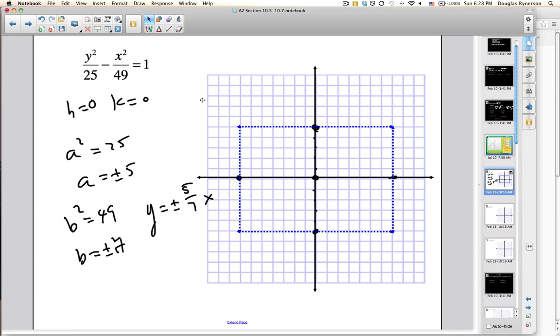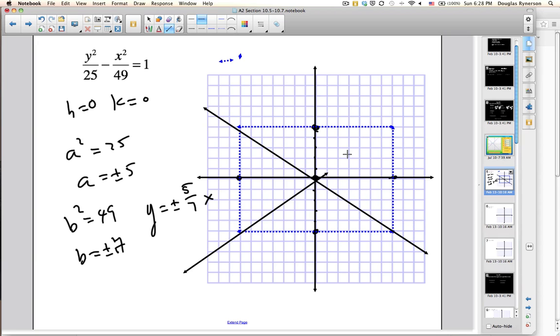And my asymptotes will always pass through the corners of the box. So there's one asymptote, here's the other asymptote. Now this works regardless of where we're centered. So it's a very helpful tool to be able to help you find the asymptotes smoothly and quickly.